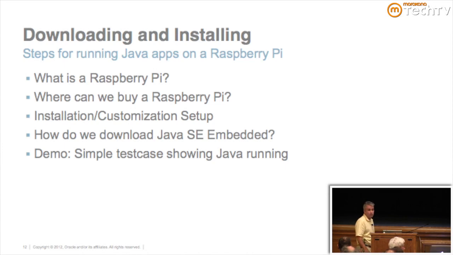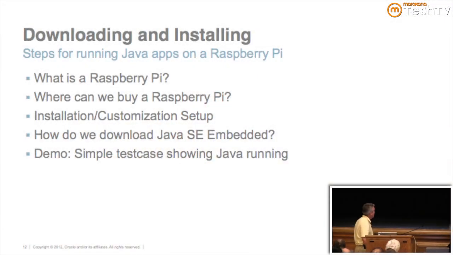And the last, not the last, but how to download. That's the most important. Where do we get it, and how do we download it? And is there Java ready? So then a simple demo of Java running actually on a Raspberry Pi, and we actually have a Raspberry Pi. It's sitting right here, and the demo will be running on this.